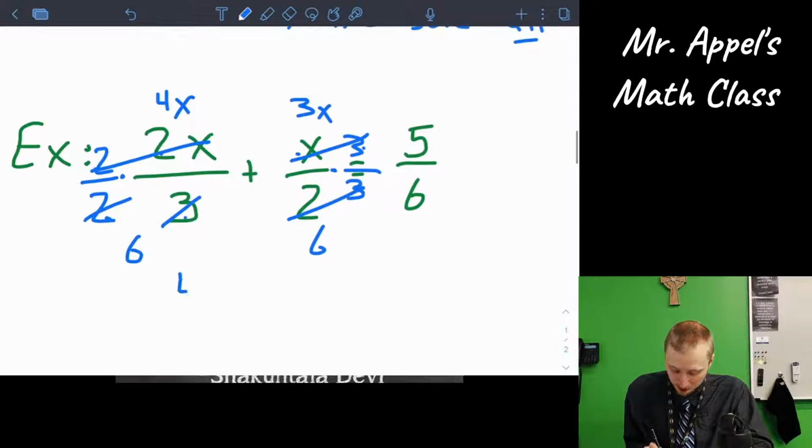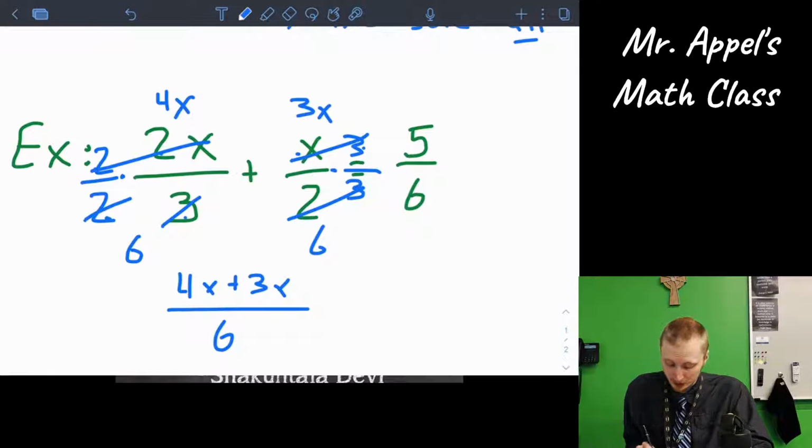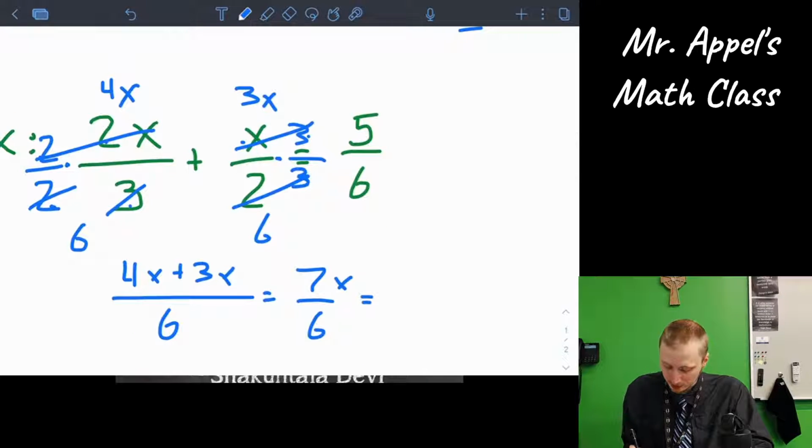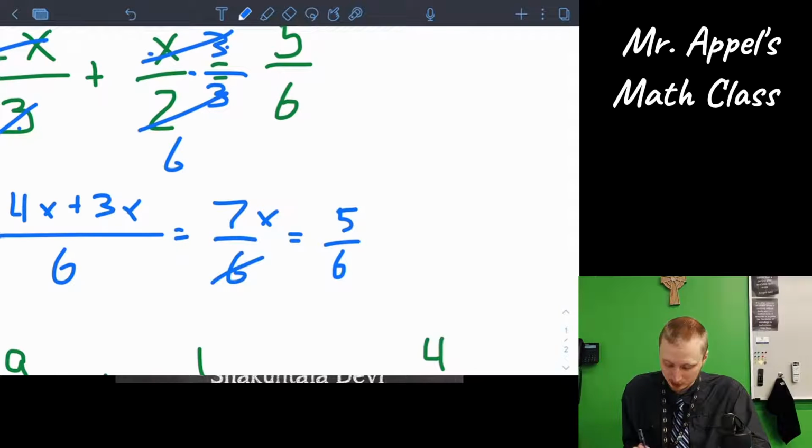And so now we have 4x plus 3x. We can combine those into one fraction because they have the same denominator, 6. And 4x plus 3x equals 7x. So 7x over 6 is equal to 5 over 6. Aha! Now it's trivial. Now we just multiply both sides by 6, which basically means eliminate that.